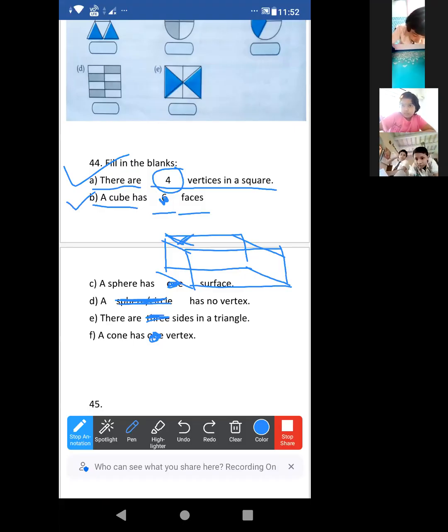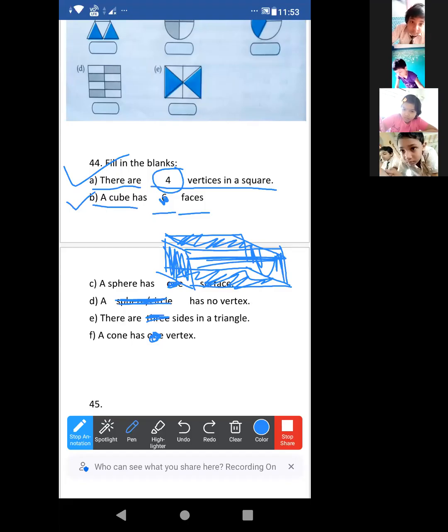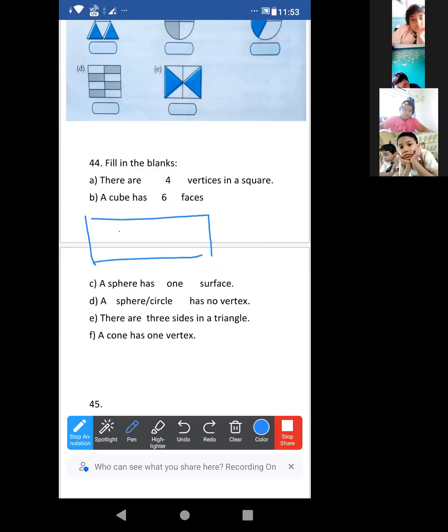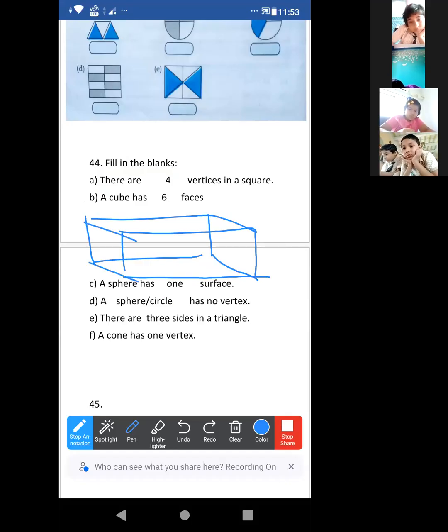This upper part is one face, this lower part is one face. Both the sides, this is a face, this side is also a face, and the front face, and the back one. Again, I am drawing. Suppose your pencil box is this. Basically, cube and cuboid.